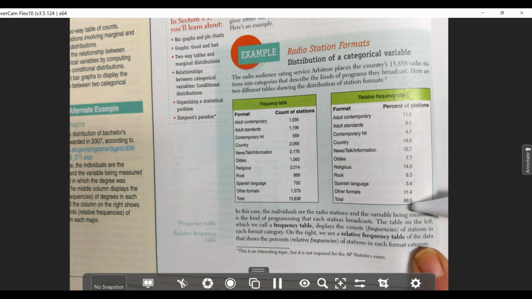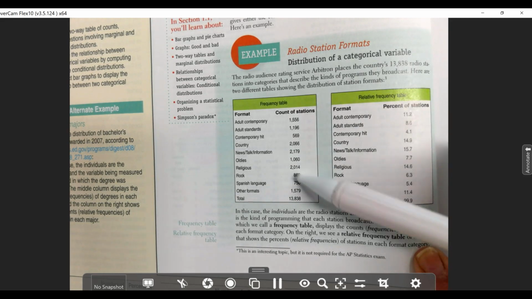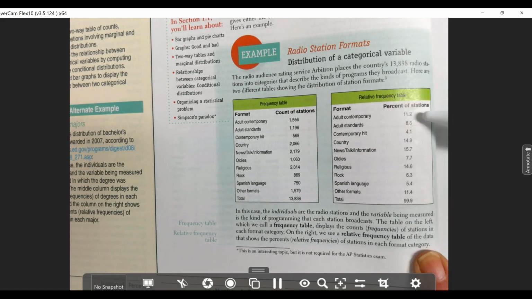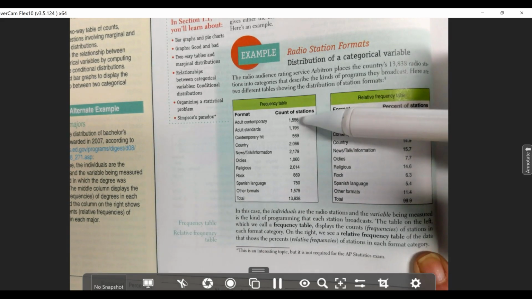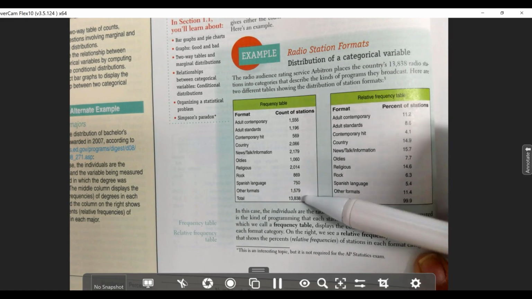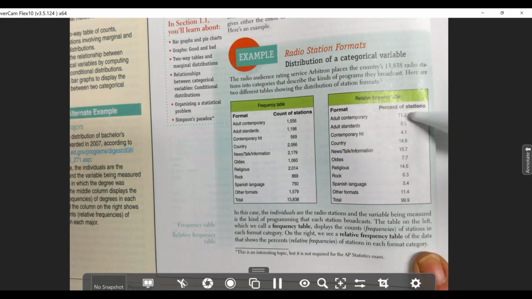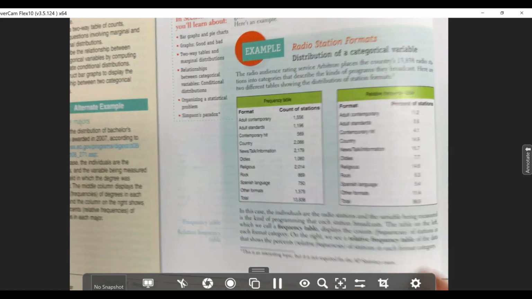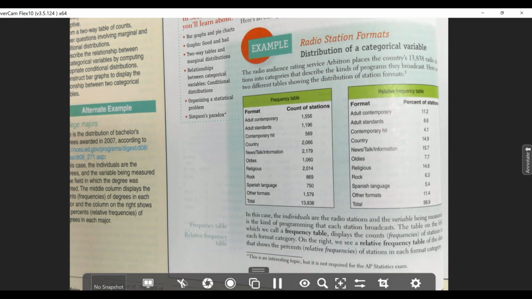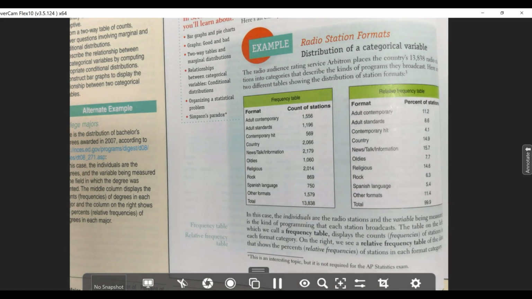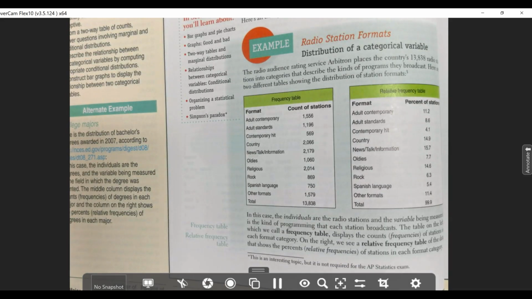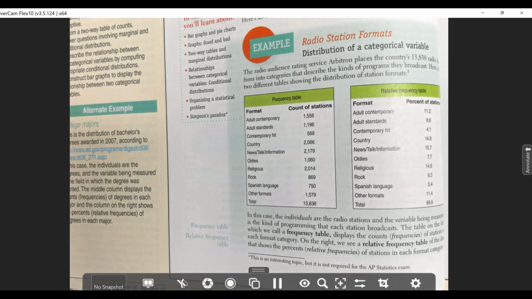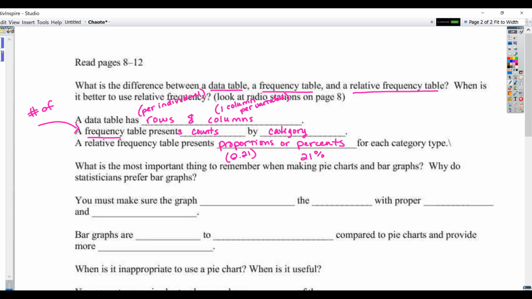Basically, you would add up all of the radio stations, get a total, 13,838, and then for your percentages, you would just do 1,556 divided by the 13,838, and that would give you the 11.2%. I just wanted to show you the difference between a data table versus frequency and relative frequency tables. All right. Okay, so let's continue on.